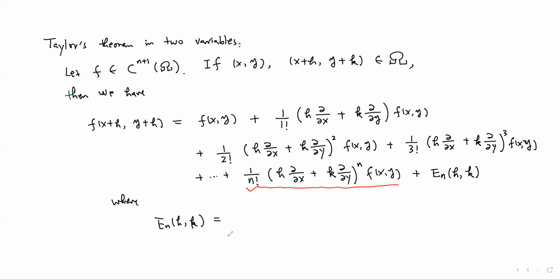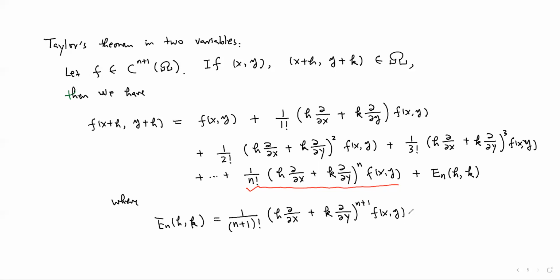The error term is 1 over n plus 1 factorial, then here is h partial x plus k partial y, the power is n plus 1, then f at x, y.